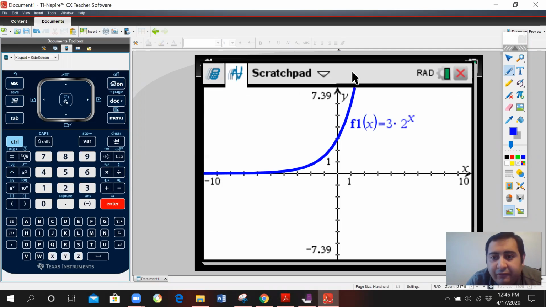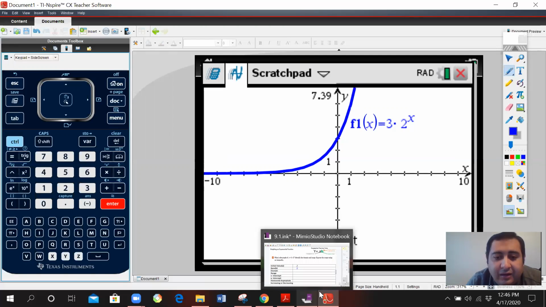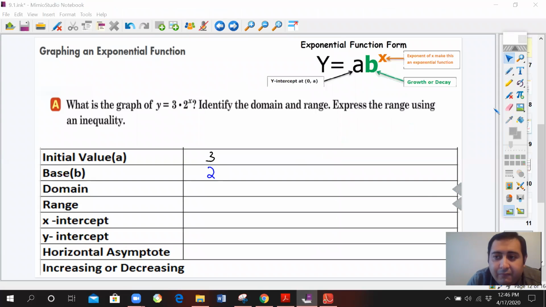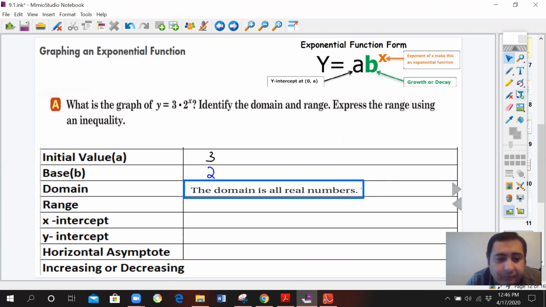This is our graph. We notice that the graph here is going from negative infinity values all the way to positive infinity values in the domain area. So in this case, your domain is going to be all real numbers.